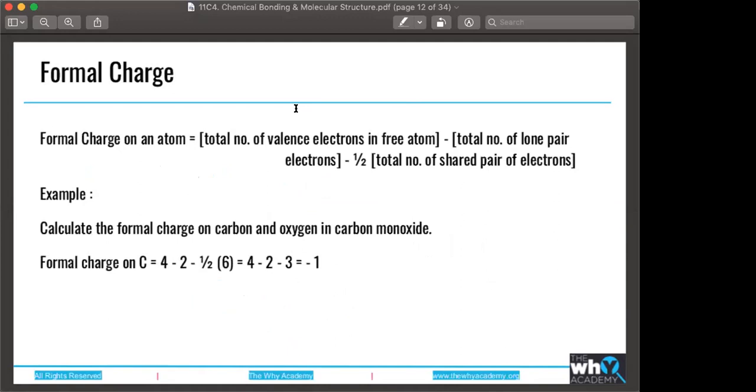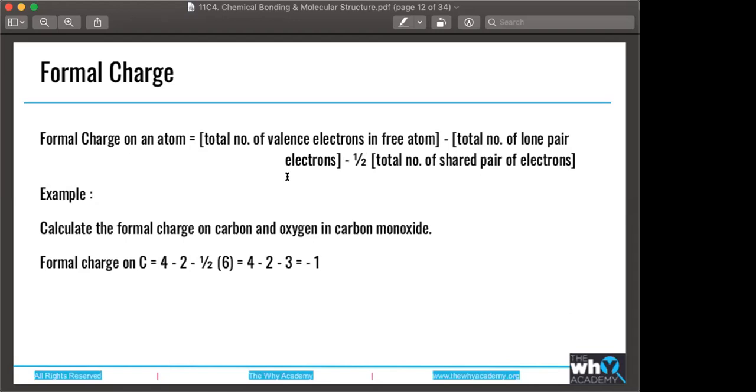So another concept, formal charge. The formal charge on an atom is equal to the total number of valence electrons in a free atom, minus the total number of lone pair electrons, minus half of the total number of shared pair of electrons. In ionic compounds, the charge on a particular atom, like its electrovalence, is pretty straightforward because it is either losing or gaining electrons.